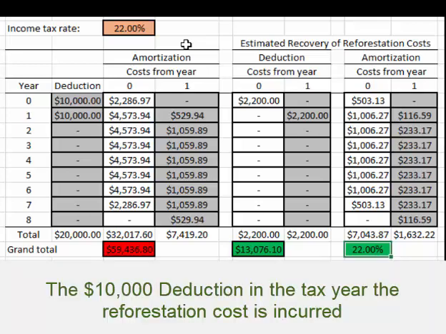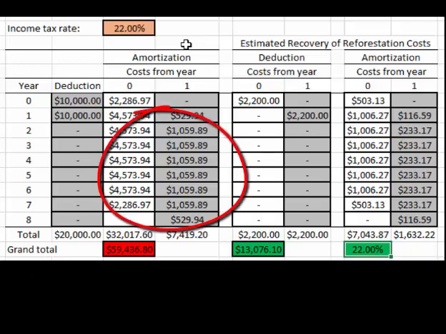So to me, everybody, I would rather deduct than amortize. Why? Because deduction allows me to recover my reforestation cost, in a sense, today, this year, not 1, 2, 3, 4, 5, 6, 7, say 8 years into the future.